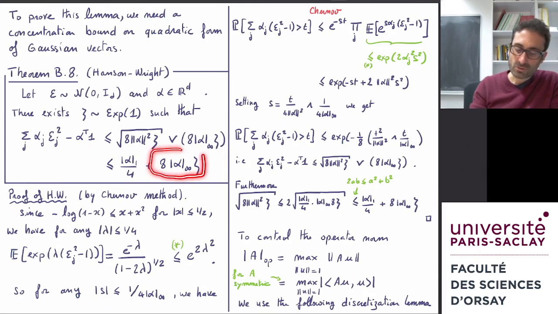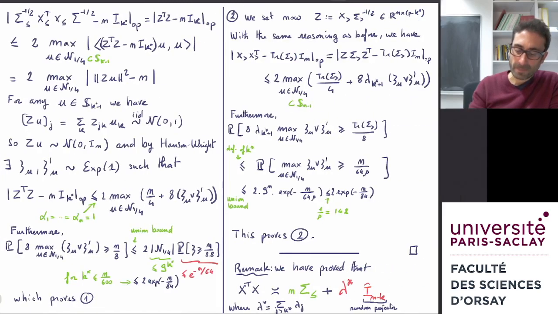8 times the sup norm of alpha. Alpha are equal to plus 1 or minus 1, so we'll just have 1 here, times some exponential random variable. And this exponential random variable, of course, will depend on u. This one corresponds to the upper bound, with alpha equal to plus 1.